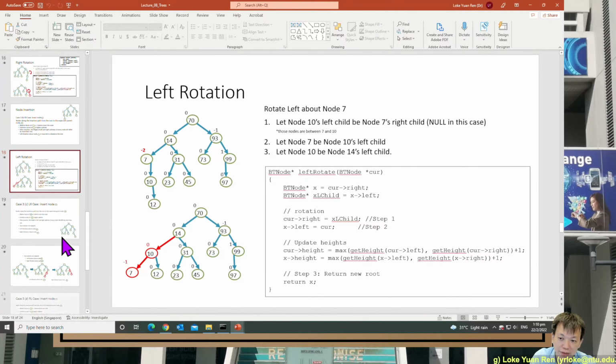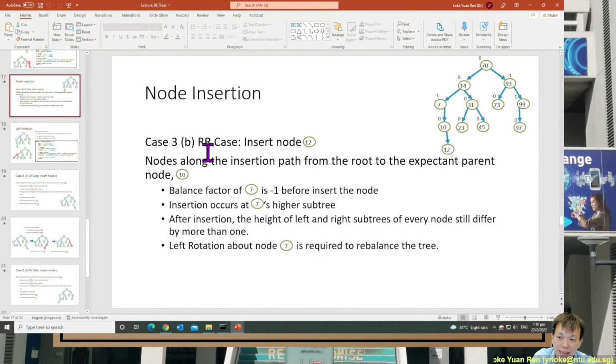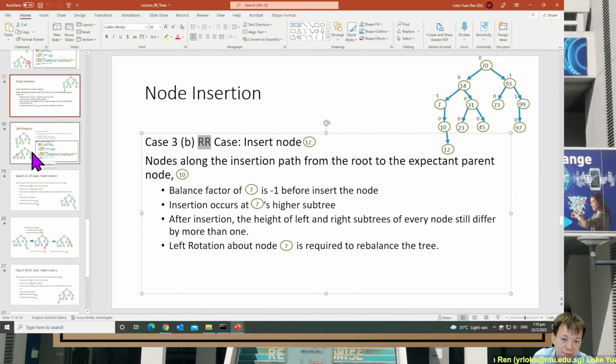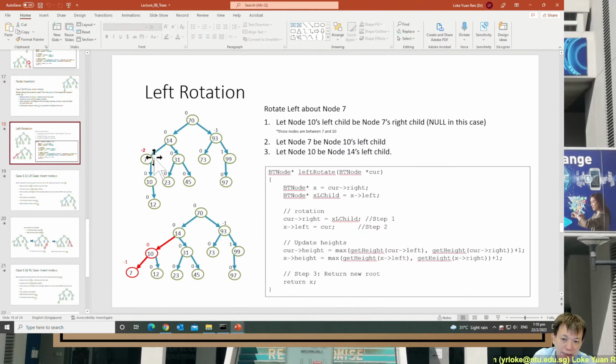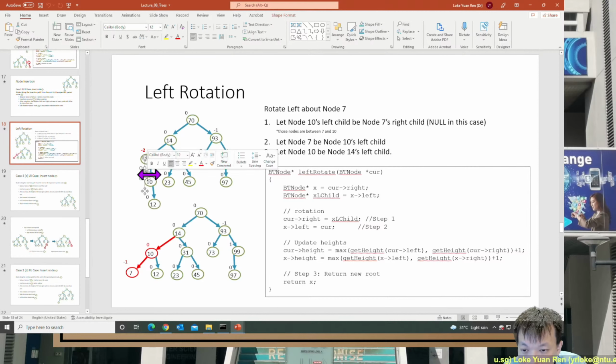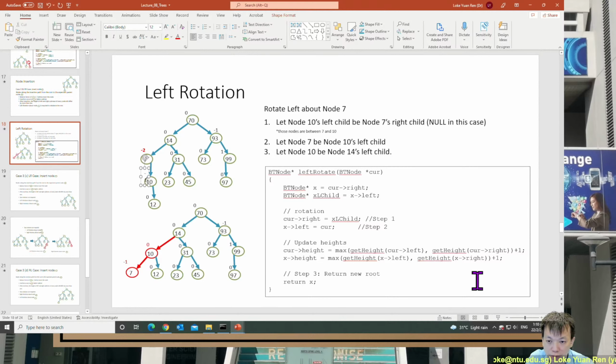Okay, you can see this is the RR case. You can see that node 7 is -2. But node 10, the balance factor, after you do this, I think I should change it. It should be -1.